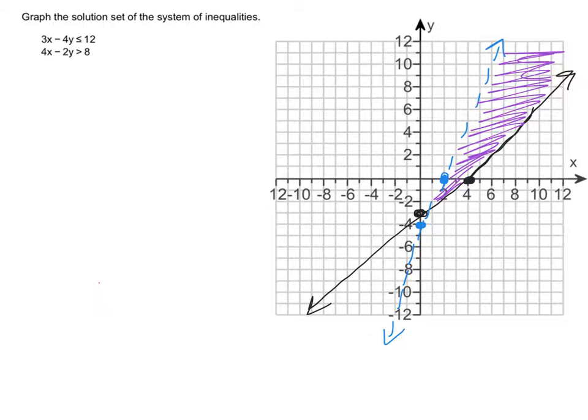So my solution is what you see in the graph now. I have my first equation with a solid line, that's the black line, and then I have my second equation with a dotted line, that's the blue line, and then the overlap of the shadings is represented by the purple shading, which is in the top middle of the two lines.